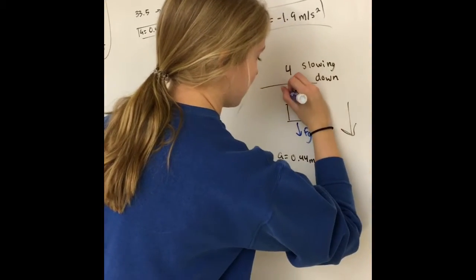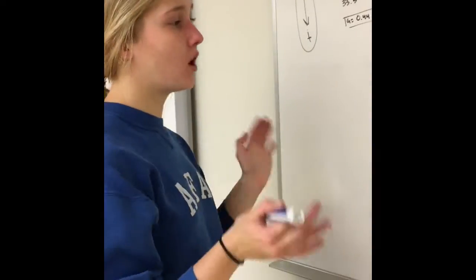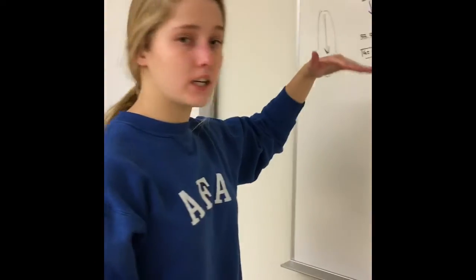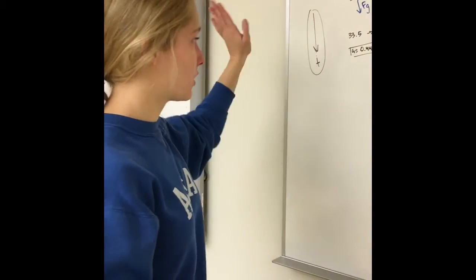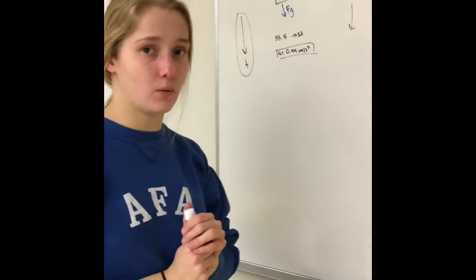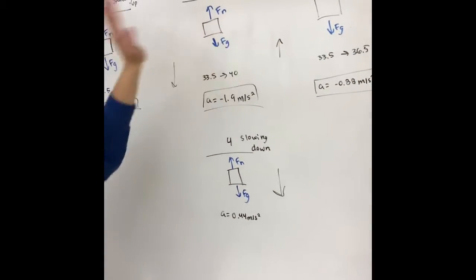So force of normal just overall has to do less work when the work is being done in the downwards direction, since force of gravity is also working downwards. And if we have to work in the negative direction against gravity, then the work will have to be more.